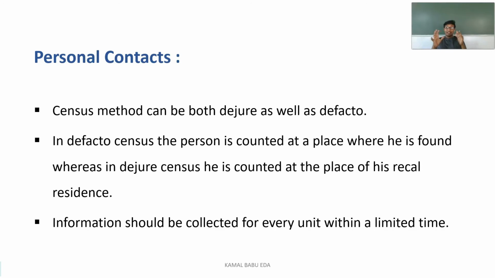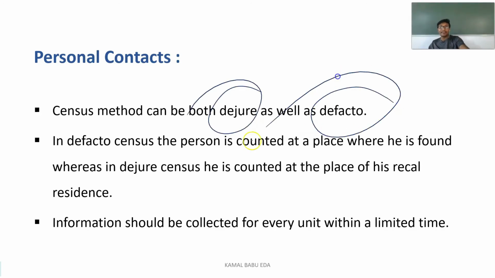Here the census method is of two types. First one is de jure and second one is de facto. In the de facto census, the person is counted at the place where he is found. No matter where he is residing or staying, they will count him wherever he is found. But in the de jure census, he is counted where his residence is.